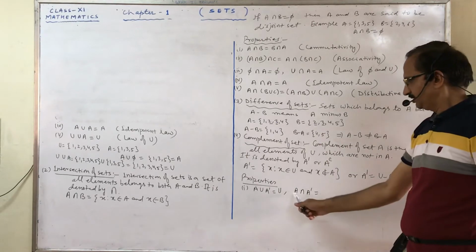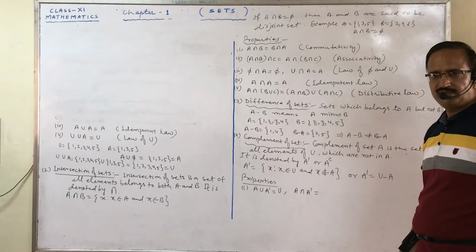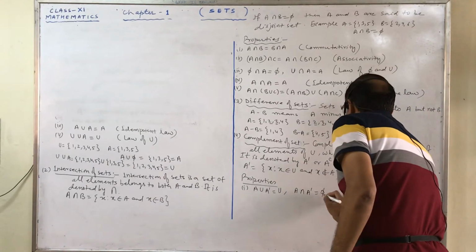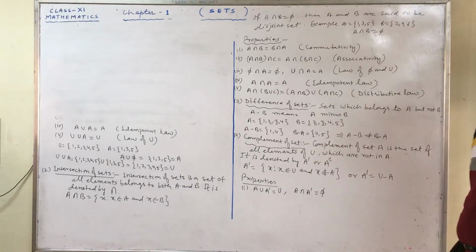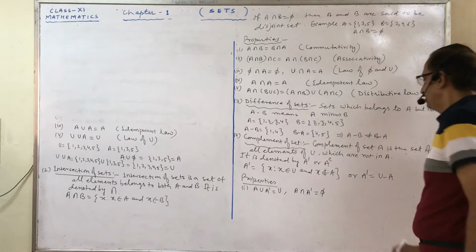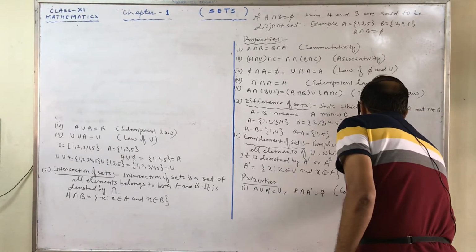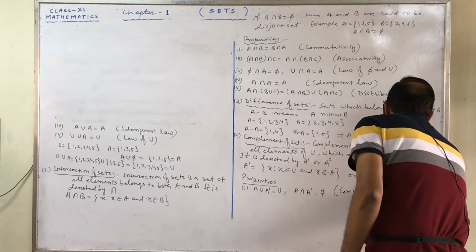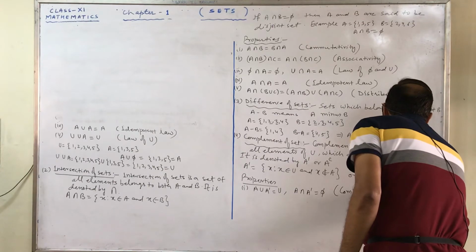Since both are complement of each other, no element is common, so this is phi. So these are called complement law. This is the first property.